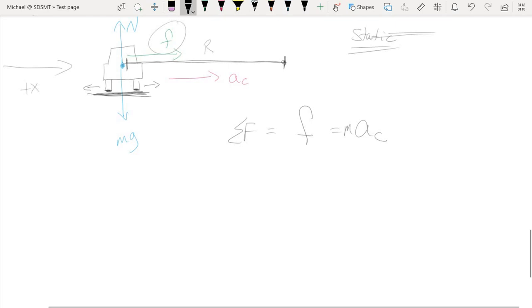Now we have two ways of representing the static friction.